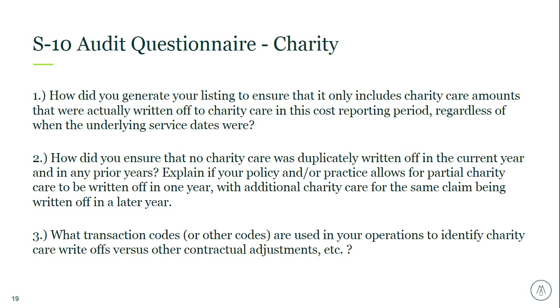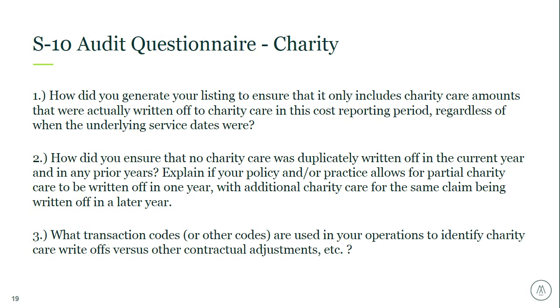As part of the 2018 audit, some MACs wanted the detailed scripts used to generate the charity totals on S-10, while others allowed a detailed explanation of how the charity was compiled so that they could determine that the charity was reported correctly. So both the scripts and the detailed explanations of those scripts should be ready if asked during these 2019 reviews.